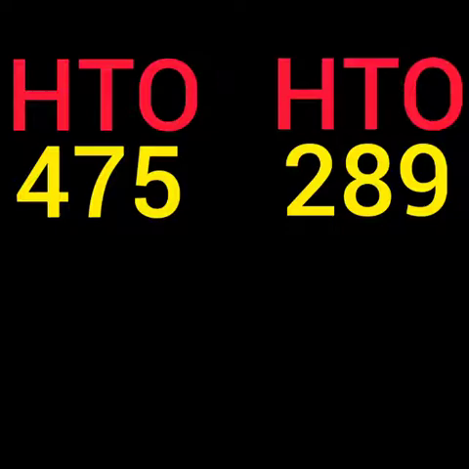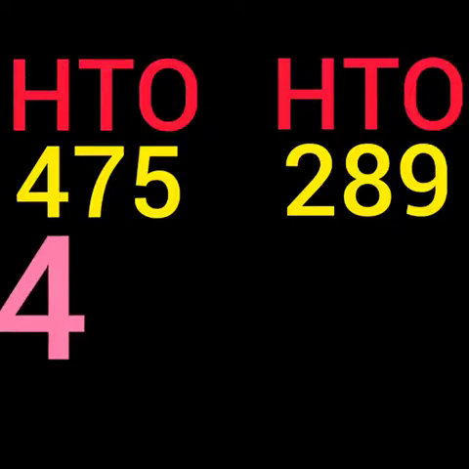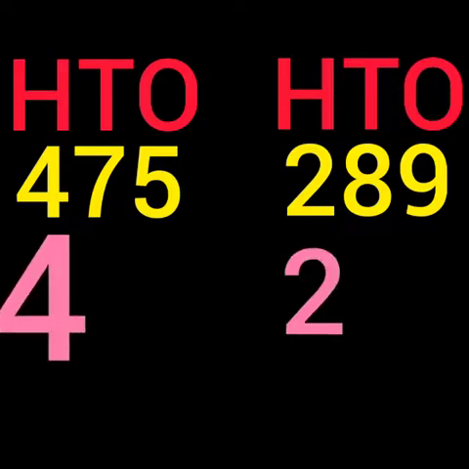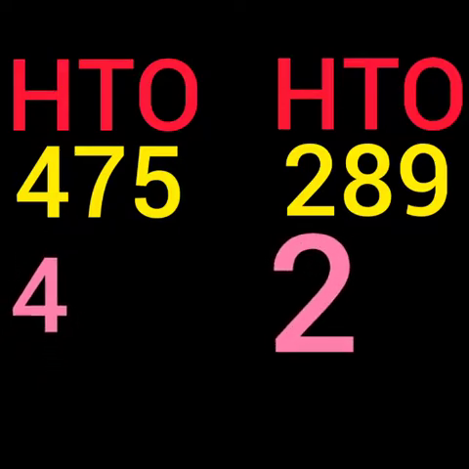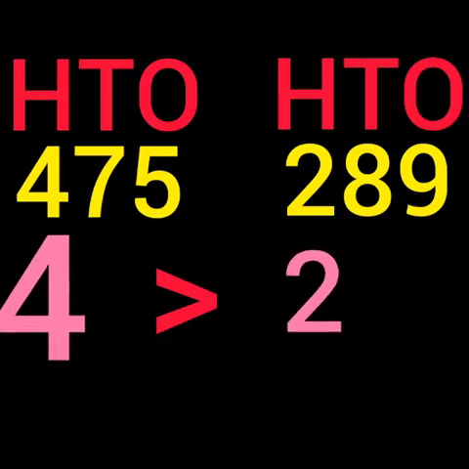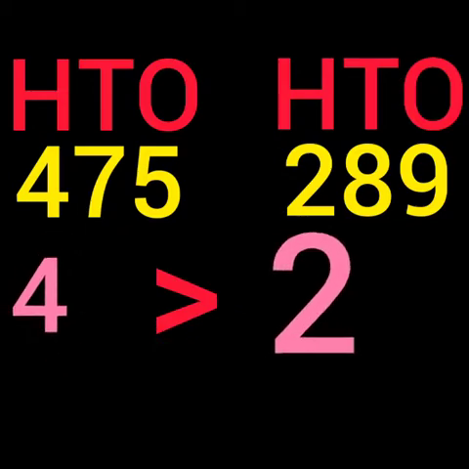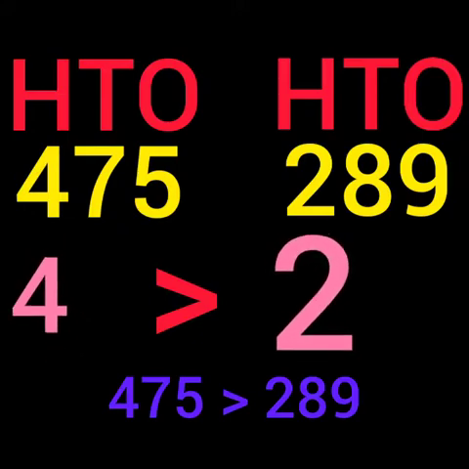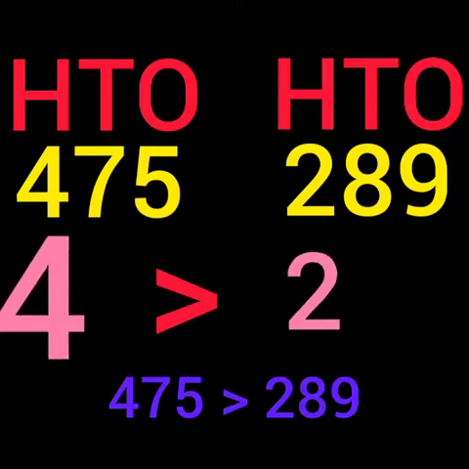If both the numbers have the same number of digits, you should compare the first digit. Here you can see the first digit of 475 is 4 and the first digit of 289 is 2. We know that 4 is greater than 2. Since 4 is greater than 2, we can say 475 is greater than 289.